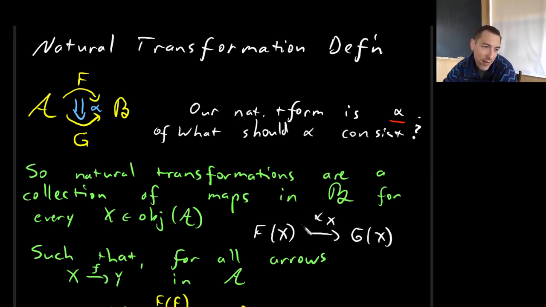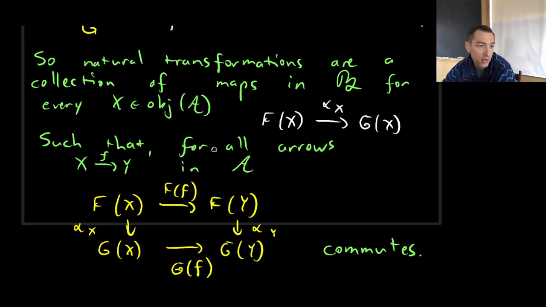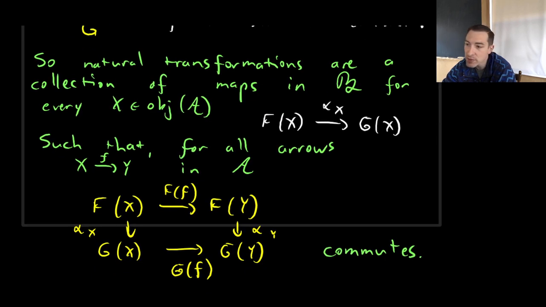But for every object in A, we've got a component mapping alpha sub that object. And there's actually only one condition, such that diagrams like this commute, where again, this is F applied to the relationship, this is G applied to the relationship, little f, and then if we apply the components, this diagram commutes.